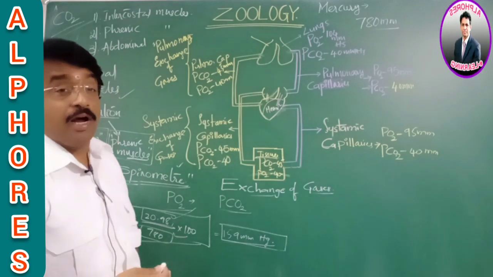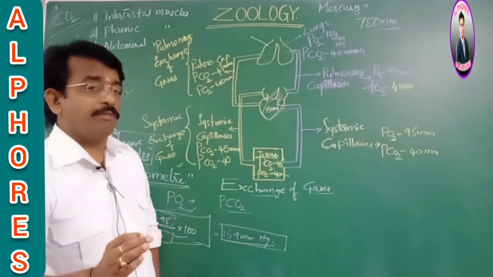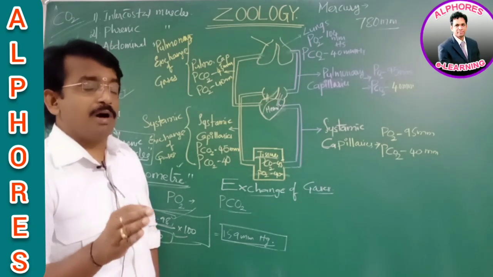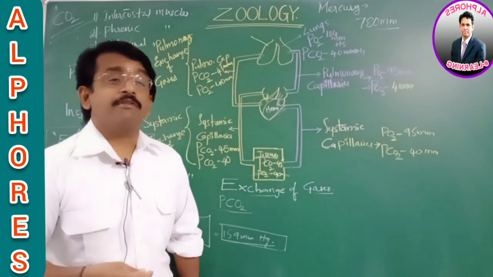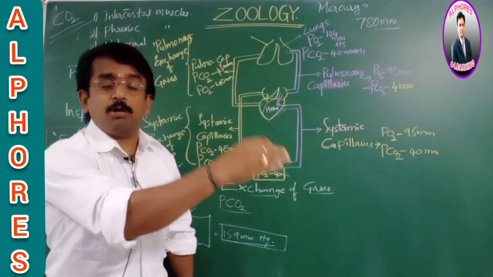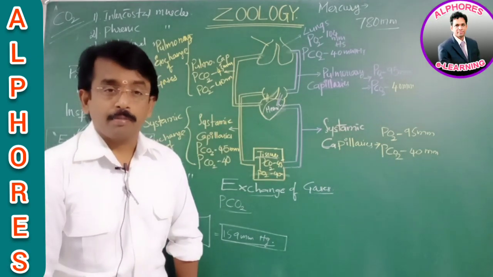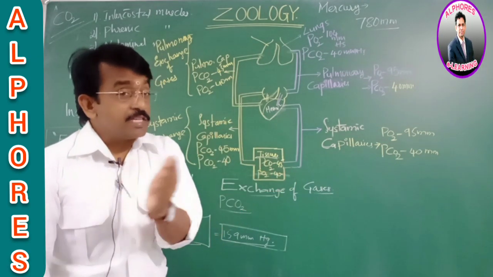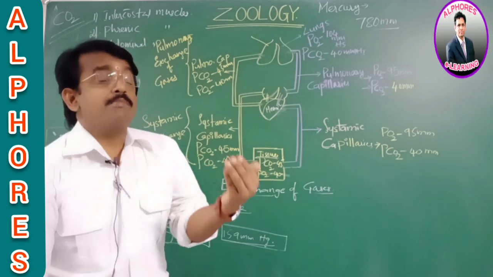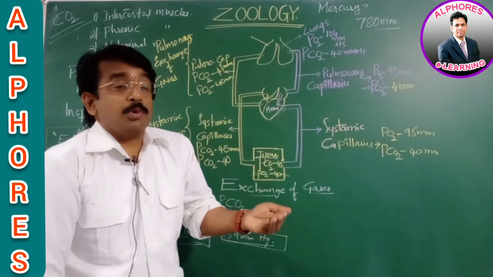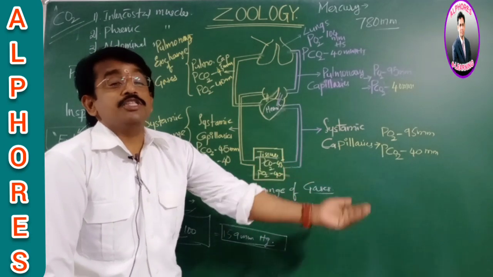This is the reason why, per unit volume of pressure, the solubility of carbon dioxide is more when compared with oxygen. That is, the exchange of gases through the membrane will be more for CO2. Why? As its solubility is more.